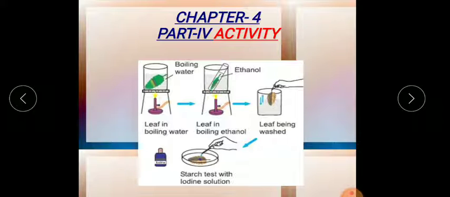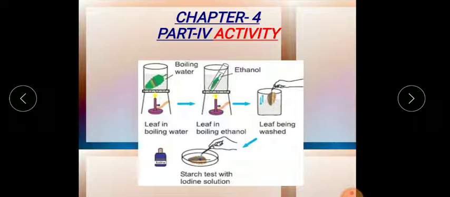So remember these steps. These are very important steps. First, boiling in water to kill the germs, to kill the enzymes, and to make the leaf permeable, so that it will allow the iodine solution to enter inside the leaf. Then with ethanol, it will decolorize the cells, remove all the chlorophyll, and make the green leaf brownish or pale white.